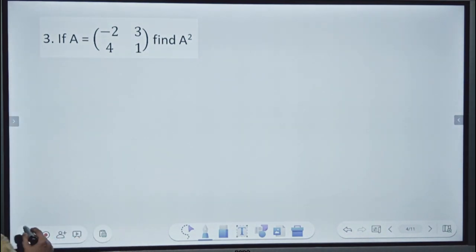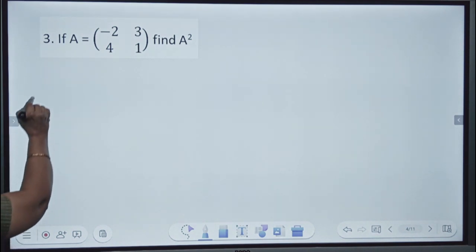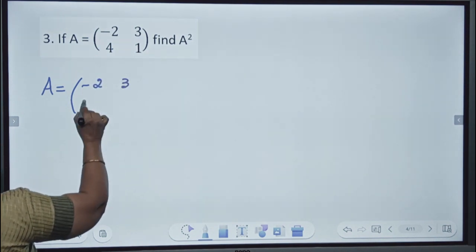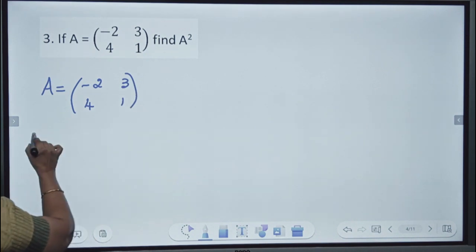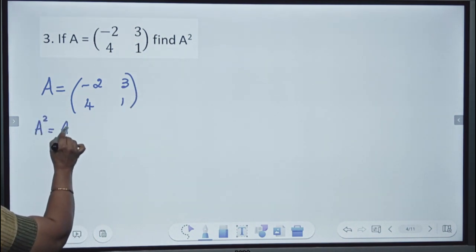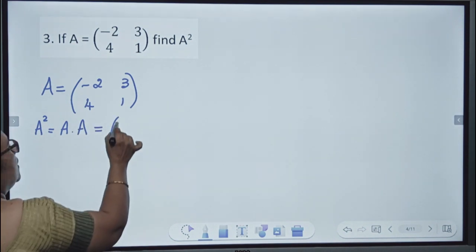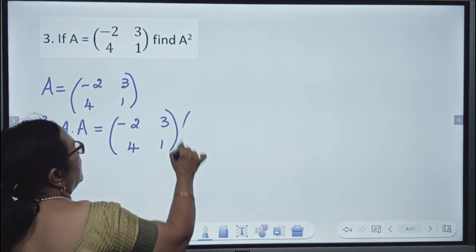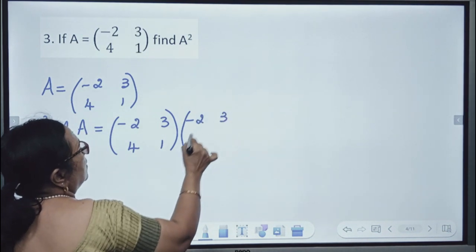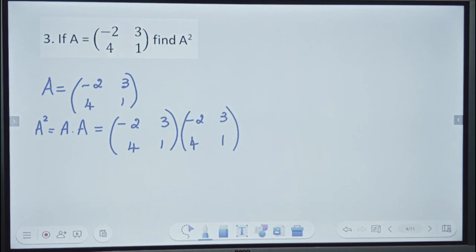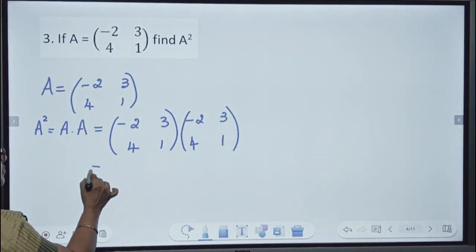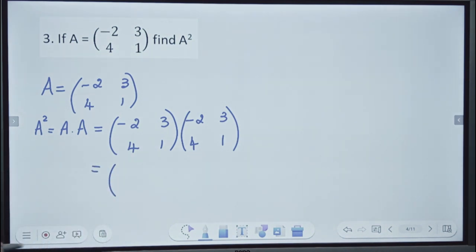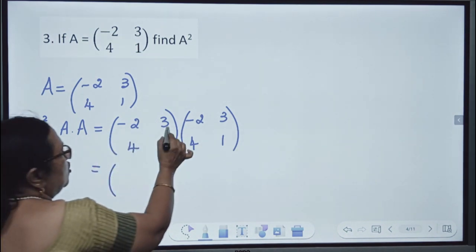Now we will try this. We will find A square. So A equal to minus 2, 3, 4, 1. A square is defined as A into A. So that will be minus 2, 3, 4, 1 into minus 2, 3, 4, 1. So how should I multiply? I am not going to write now A11, A12. We know it is A11. So first row, first column.